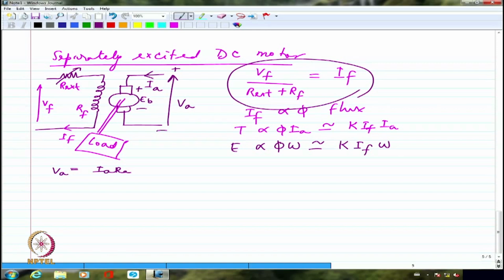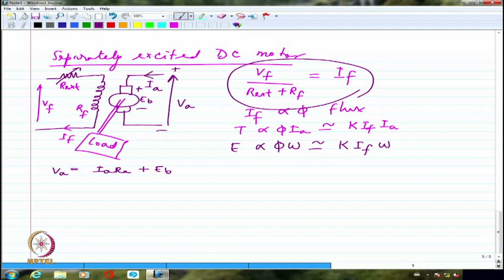So that is less by what amount? That will be less by IA RA. So I'm going to have VA equal to EB, which is actually working like a voltage source which is opposing the applied voltage.